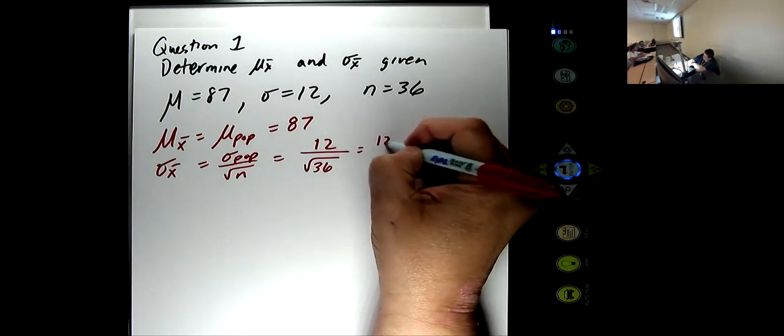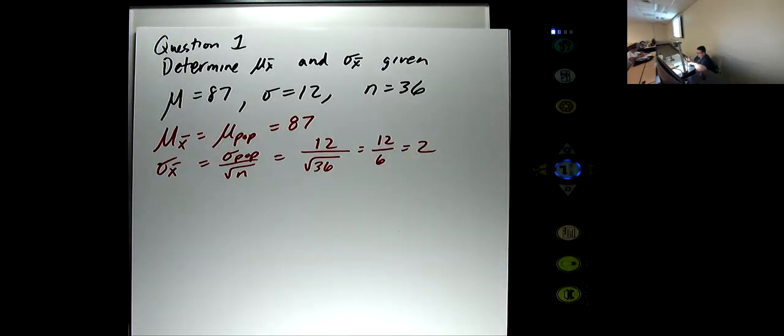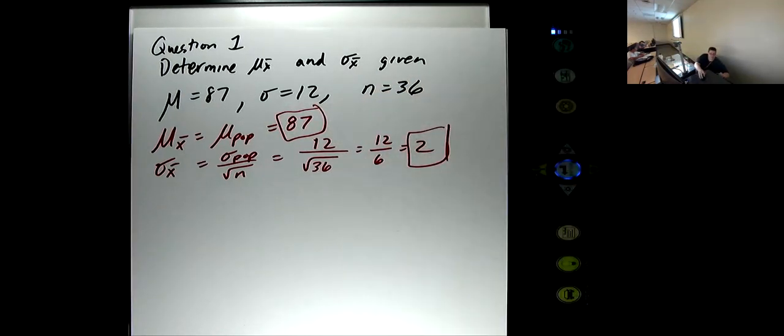Square root of 36 is 6, and this becomes 2. So these are the two answers I'm entering on that problem. This is just warming you up to the idea of this stuff, and then we'll do a word problem that uses this next.